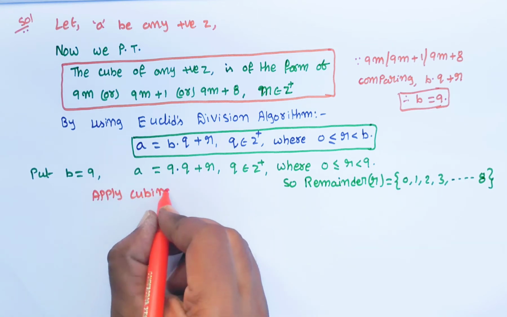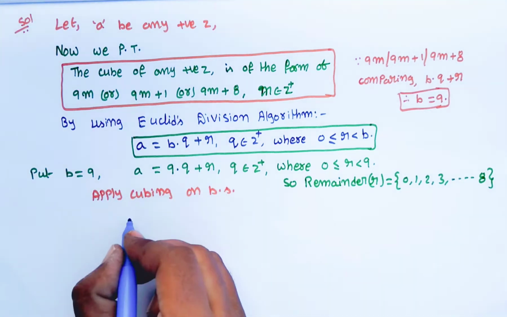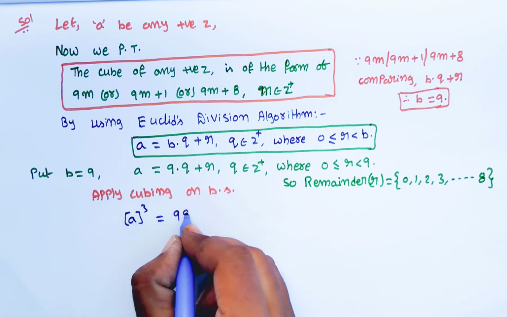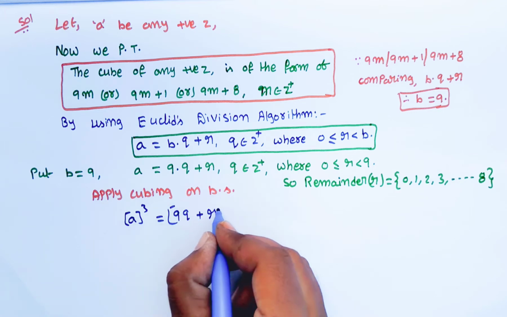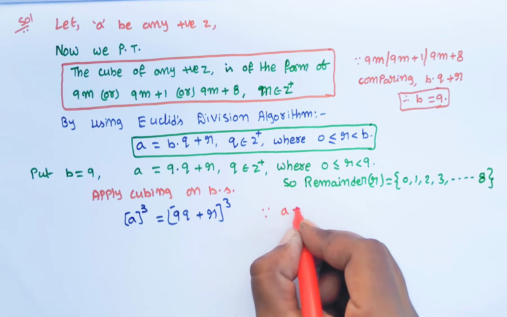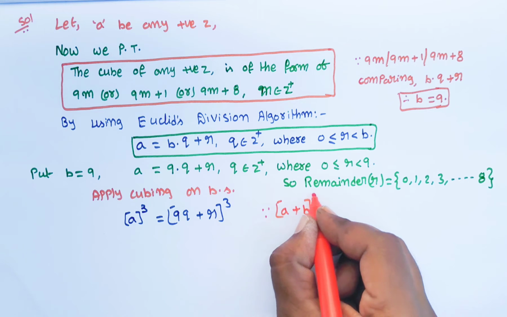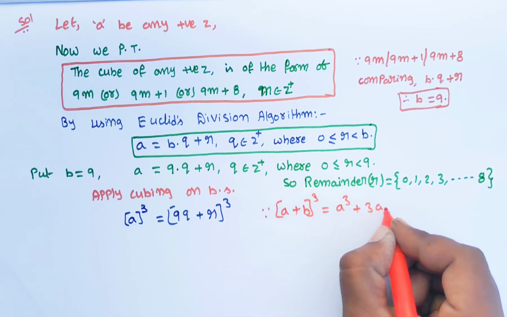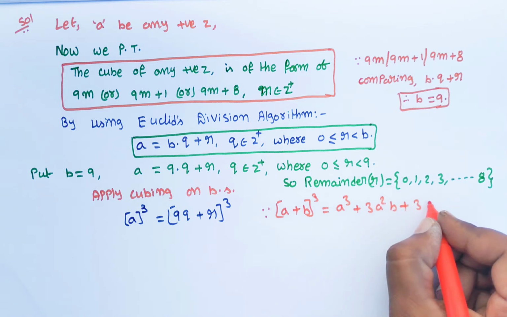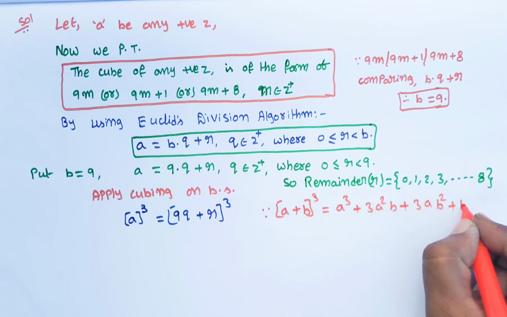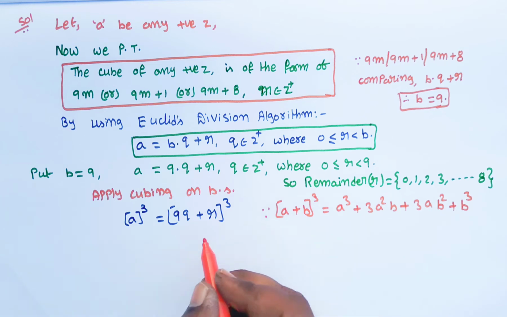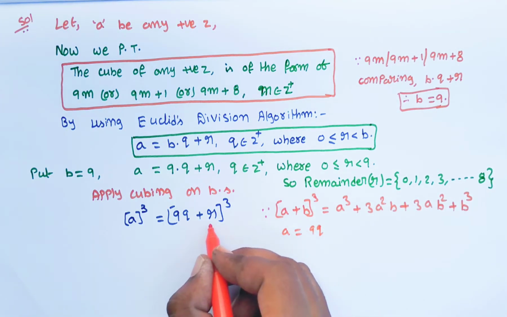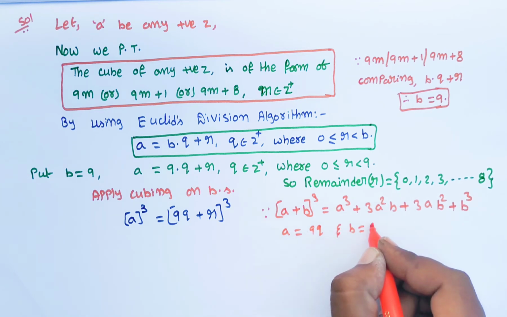Apply cubing on both sides, that is a whole cube equals 9q whole cube plus r whole cube. Like we apply the formula a plus b whole cube means a cube plus 3a square b plus 3ab square plus b cube, comparing a value as 9q and b value as r.